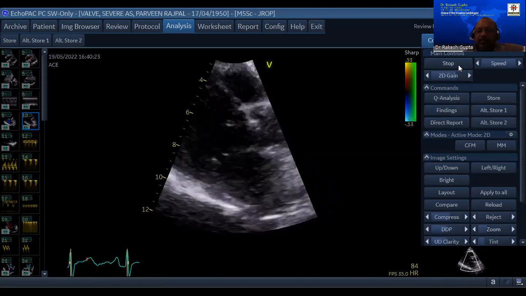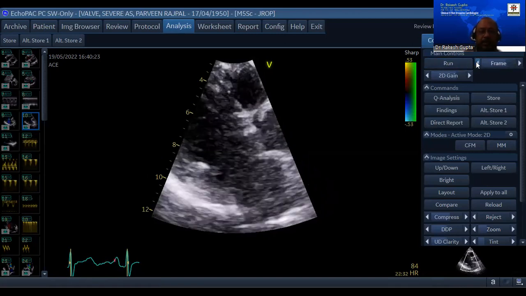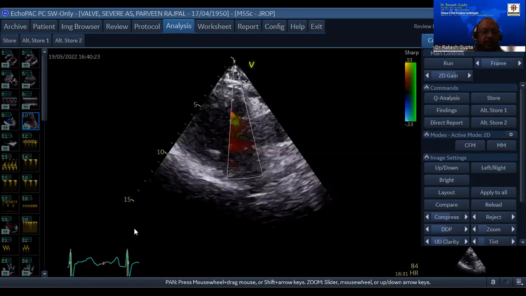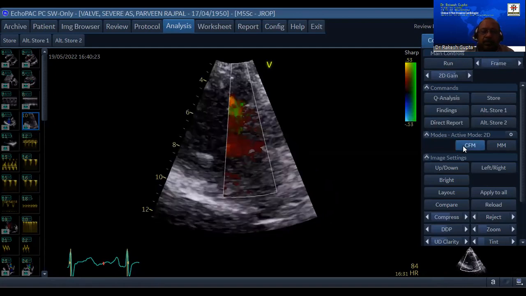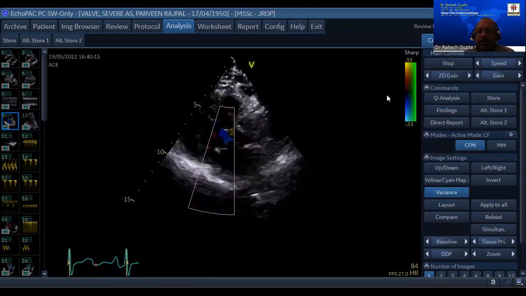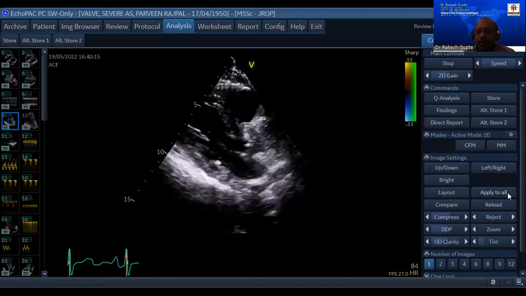So I'm going to stop it for you. Yeah, this is better. Zoom it up.